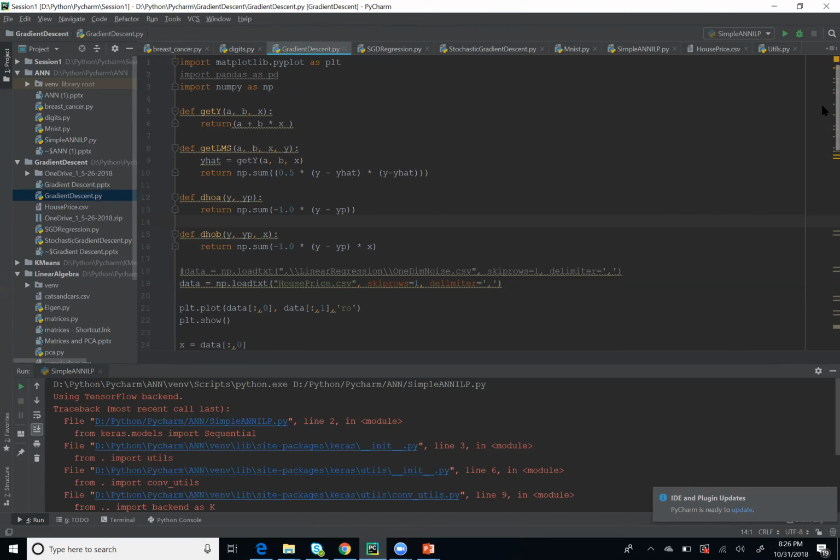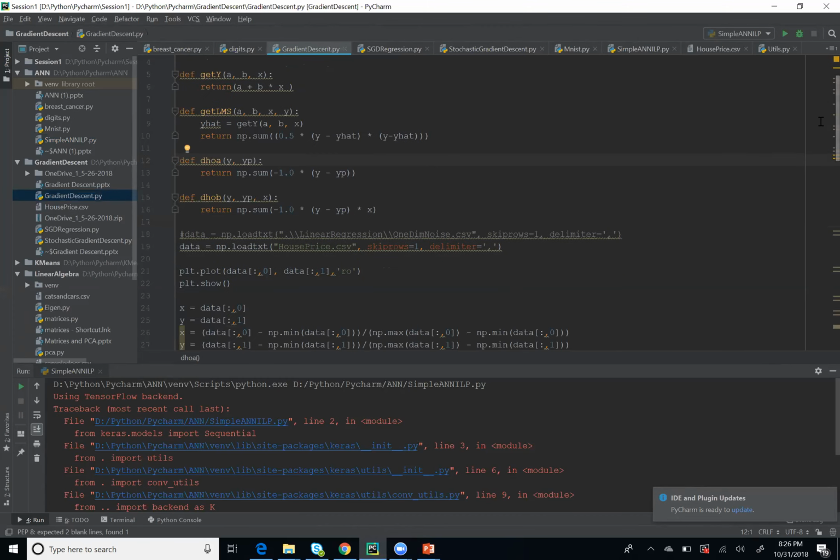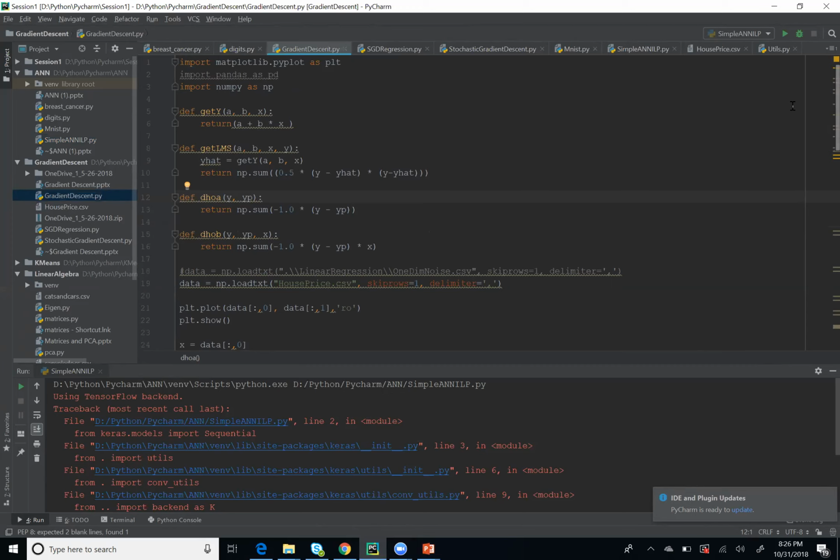So the way I did it is, firstly, I calculate the value of Y. I have to predict what A and B are such that I come up with a model where Y equals AX plus B. So one function I wrote is get Y, which is BX plus A. I wrote BX plus A instead of AX plus B, but I return the value.